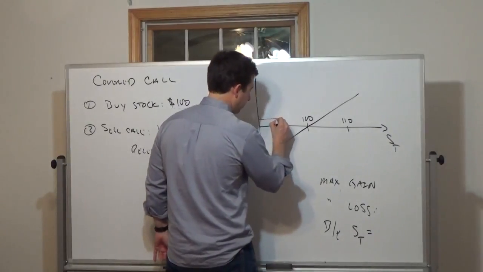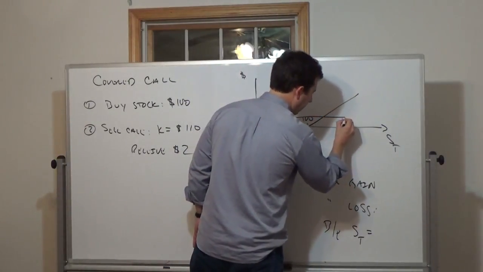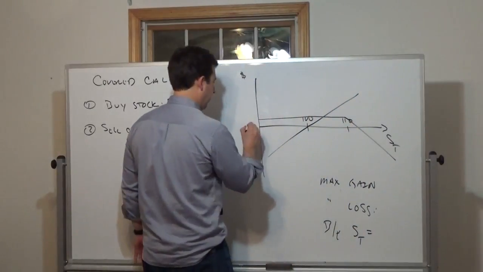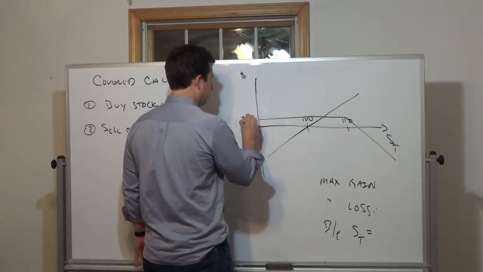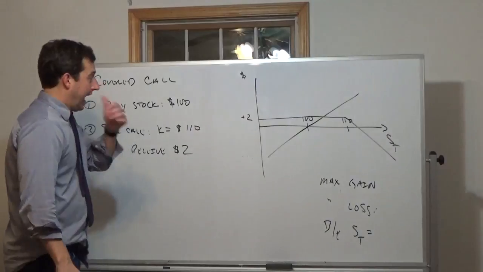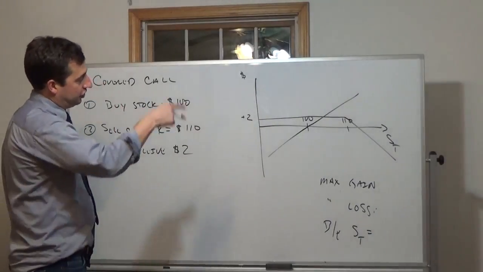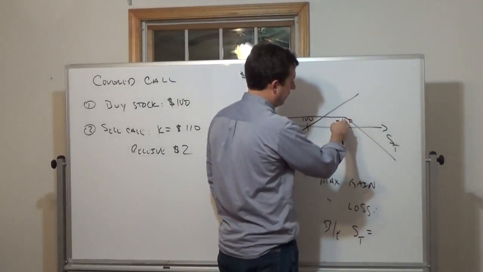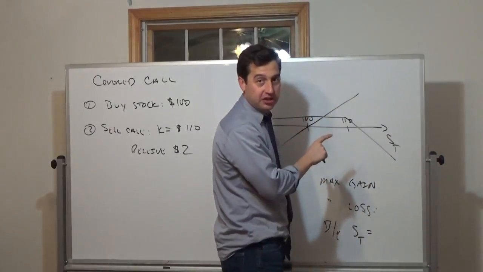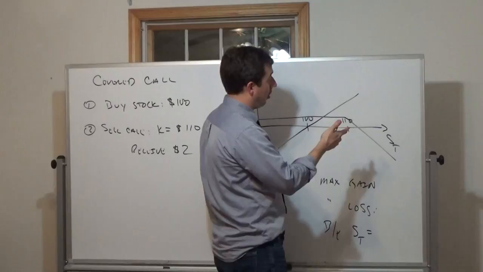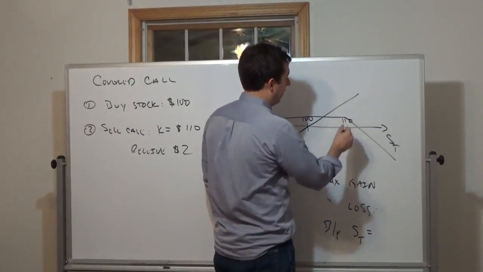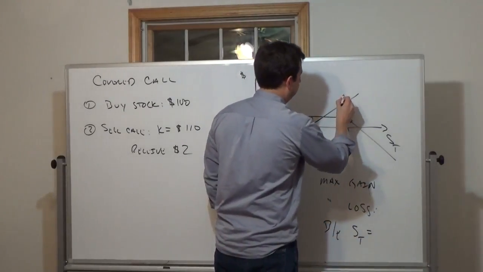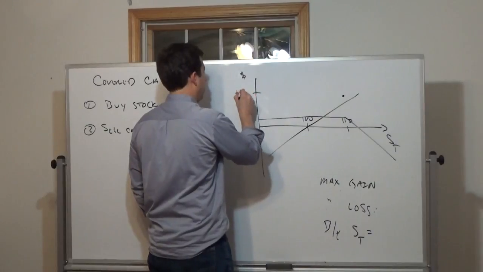The call we sold is going to be flat up until 110, and then it's going to decrease there. This is $2, of course, plus $2. Now the combined position, all we have to do is sum at each point. Again, it makes sense to start at the kink. So at 110, we gain $10 on the stock. We gain $2 on the option, and so plus 12. So here we have $12.